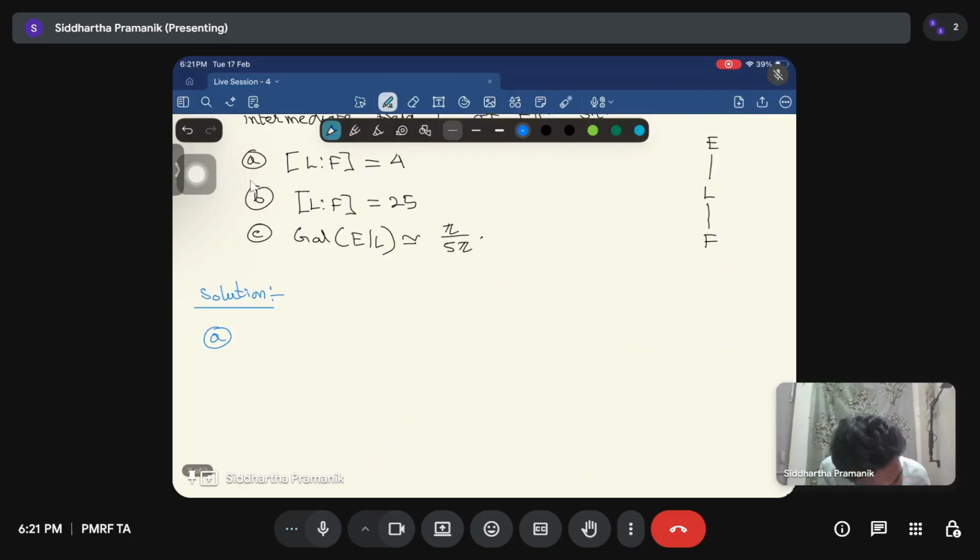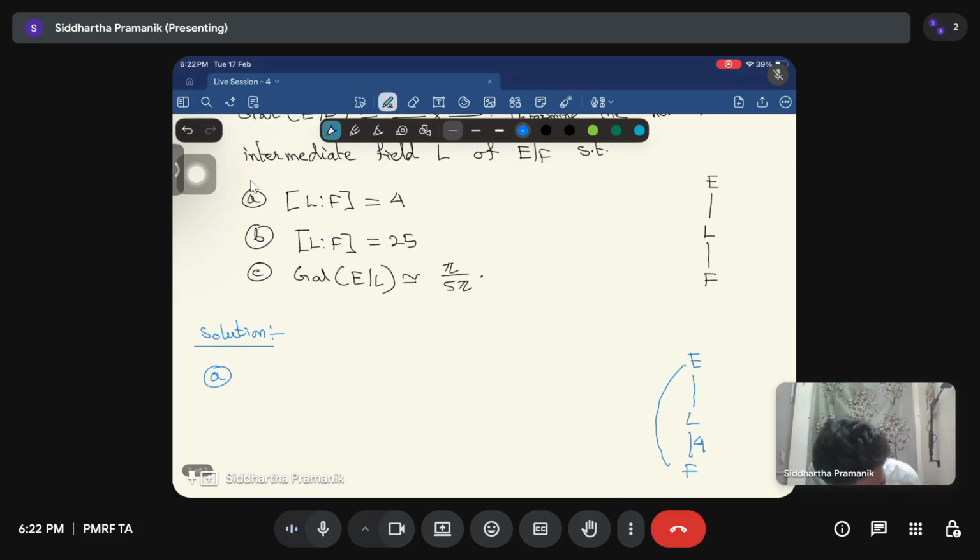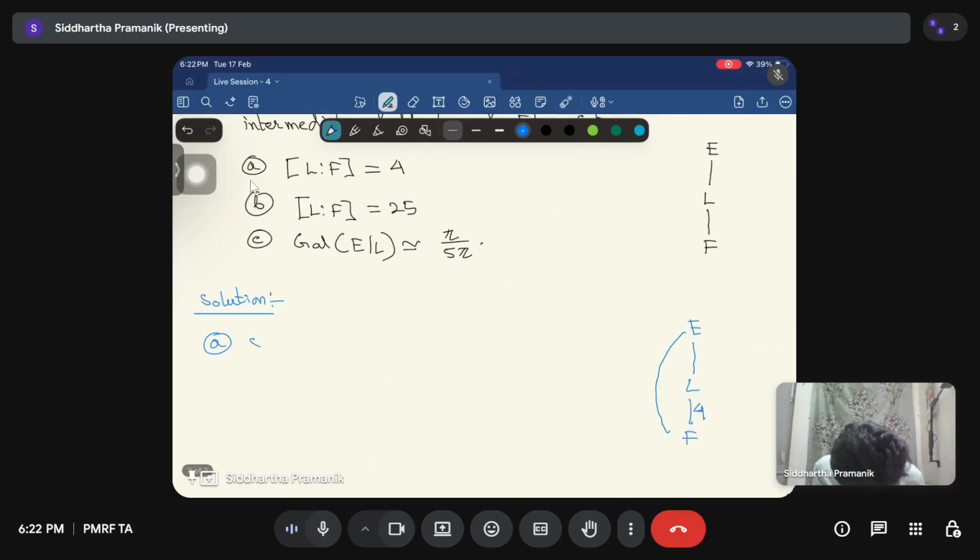Note that we have E here and L here, and below we have F. This one is 4. Since E over F is Galois, the degree of the extension must be the same as the cardinality of the Galois group.